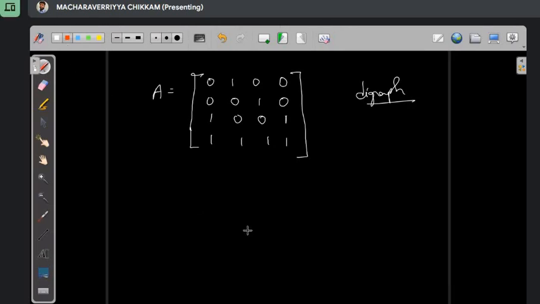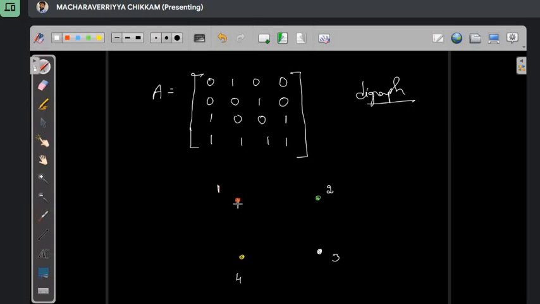There are 4 vertices, A, B, C, and D. Okay, let me name them first, second, third, fourth. Let me name it like this. Now let us draw the directed edges.